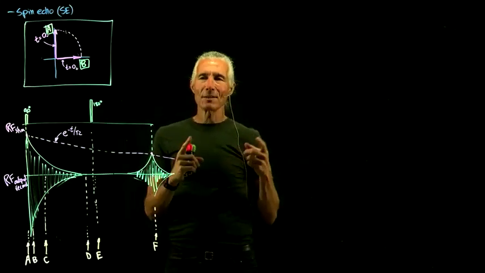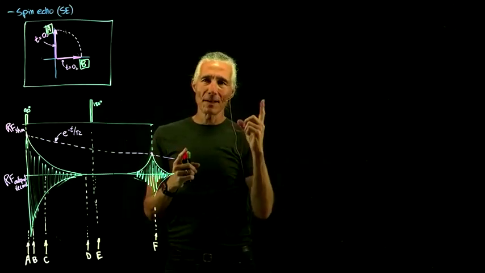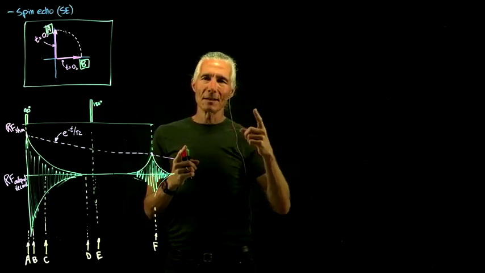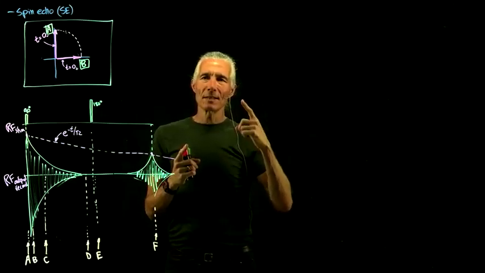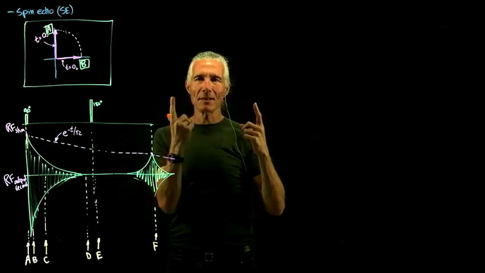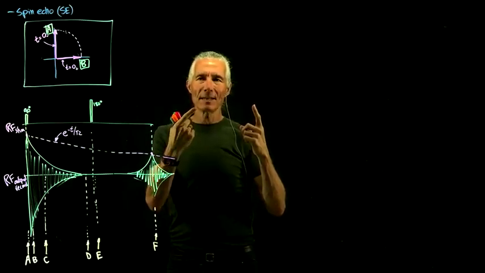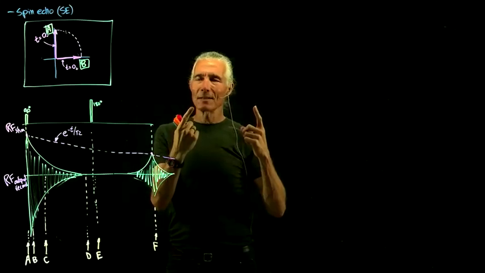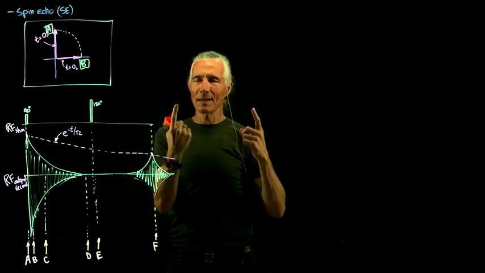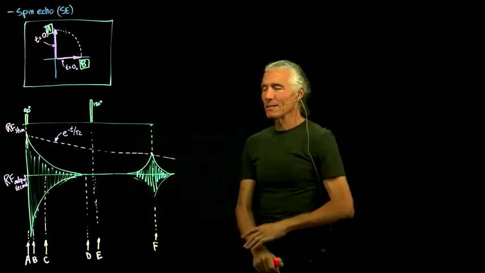If you've got a precessing proton, its magnetic field is changing, and so that's going to change the magnetic field that this guy is feeling, and so it's going to slightly change the precession frequency of this guy, and so sooner or later the signal will all die away.